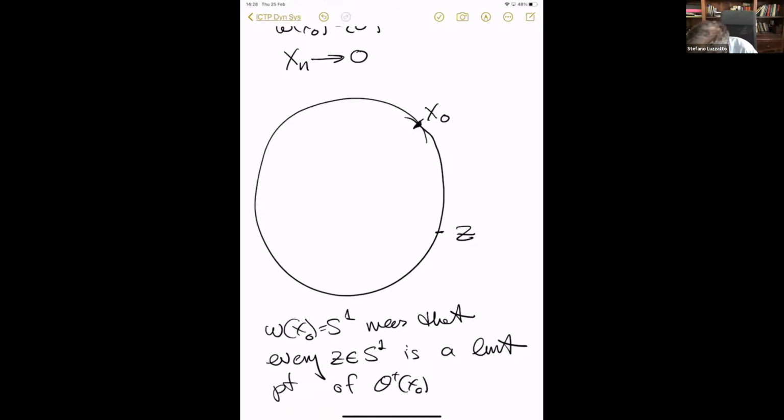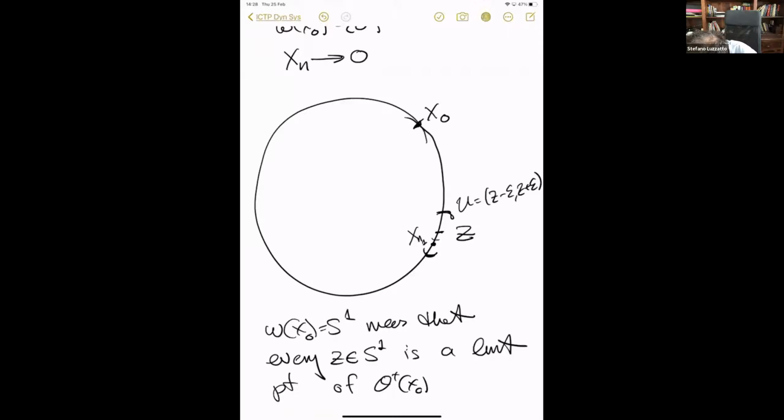Exactly. So I take a neighborhood here, U. It can be, for example, z minus epsilon, z plus epsilon. Take a very small neighborhood. I'm drawing it big. And what I'm claiming is that if I wait long enough, at some point I will find some point xn1 of the orbit in there. So the orbit cannot always jump across this neighborhood, even if I take the neighborhood very small.